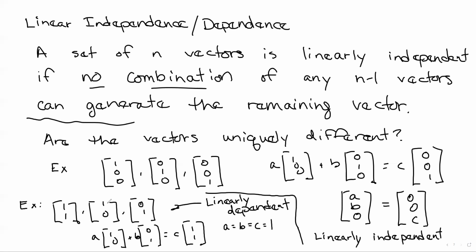So you can take x and y and combine them to get this vector, and the directions are not different enough to be independent. Here we've got three different directions where you cannot take two directions and combine them to get the third. That's the independent case. And here you can take two directions and combine them to get this third direction. So that's the dependent case.